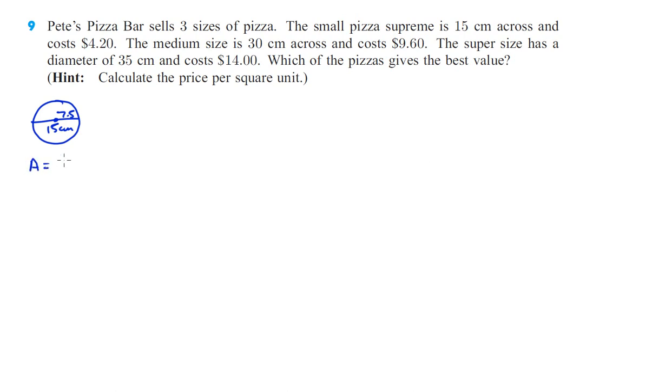So the area of this pizza is going to be pi r squared, right? This is going to be pi times, and our radius we just figured out is 7.5. So pi times 7.5 squared is going to be the area of this one.